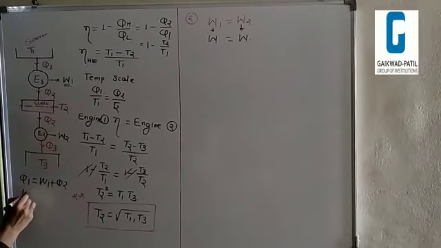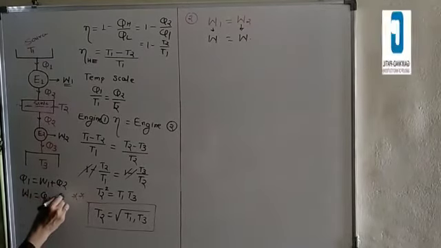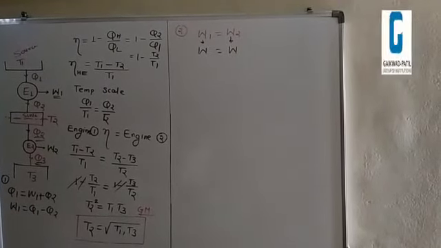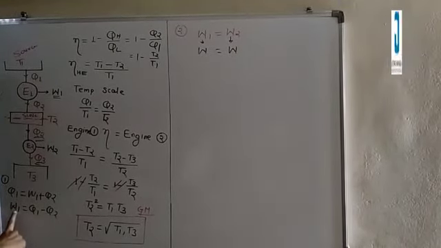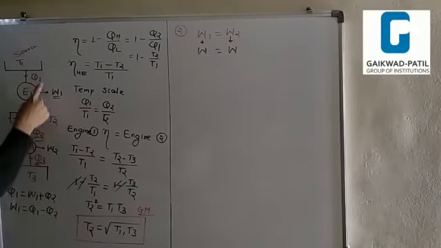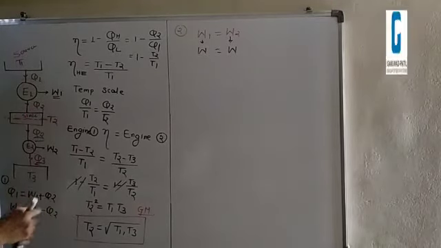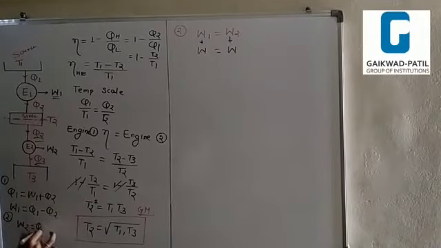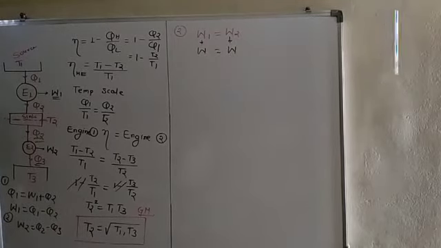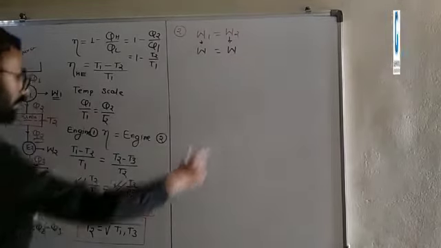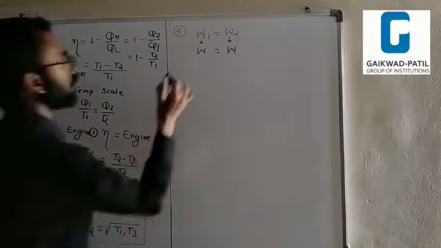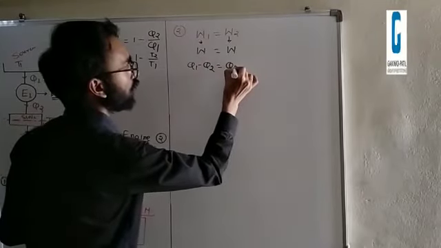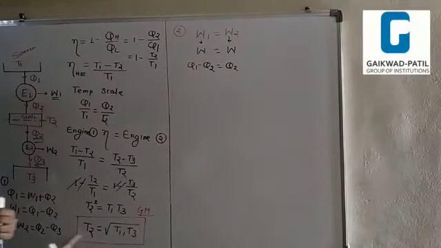So W1 is equal to Q1 minus Q2, and from engine number 2, W2 is equal to Q2 minus Q3. Put the values in these equations: W1 equals Q1 minus Q2 equals W2 equals Q2 minus Q3.